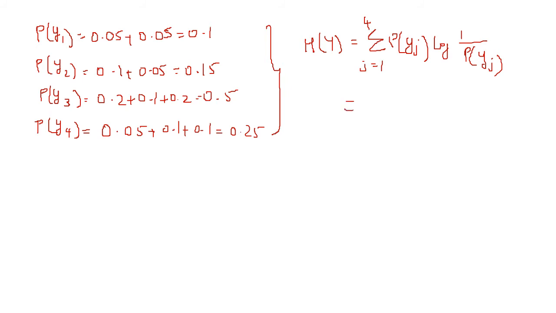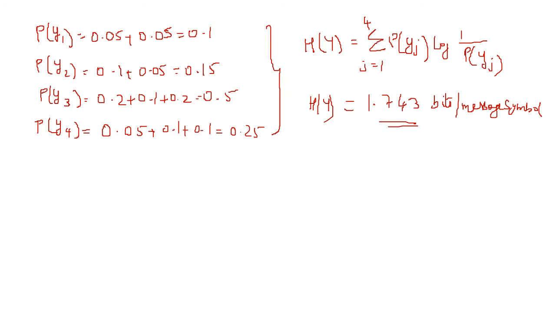So after substituting all the probabilities, we'll get H of Y, which is equal to 1.743 bits per message symbol. So this is H of Y for the given joint probability matrix.